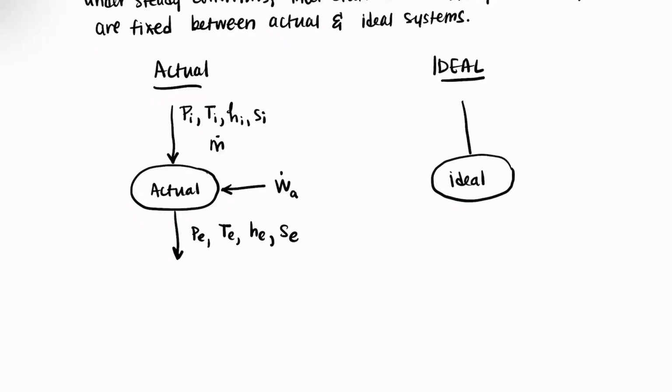For our ideal system, a lot of this is going to remain the same. The inlet conditions are all the same, so we have our same inlet pressure, temperature, enthalpy, entropy, and flow rate. But we're going to have a few differences. This will have a different power input, our ideal power input.